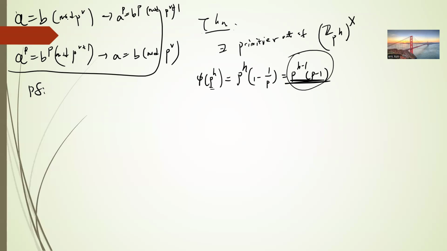Okay, so let's take r which is coprime to p. Let's say gcd(r, p) is 1 for arbitrary r, and let's say n is the order of r.